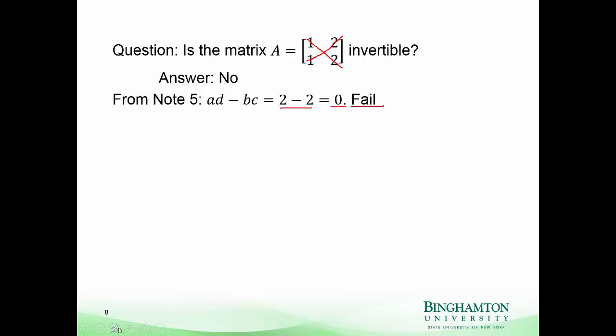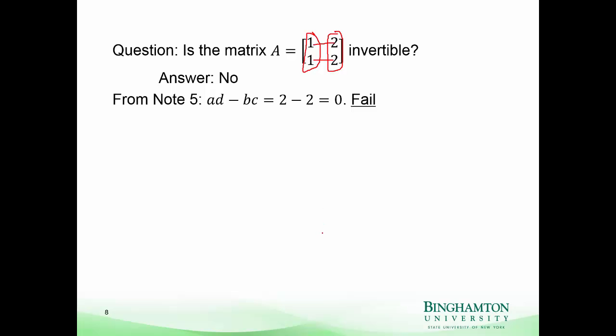But let's also look at this, just looking ahead. Look at this: 1, 1 and 2, 2. We see that we have the same ratio, 1 to 2, same ratio, 1 to 2.